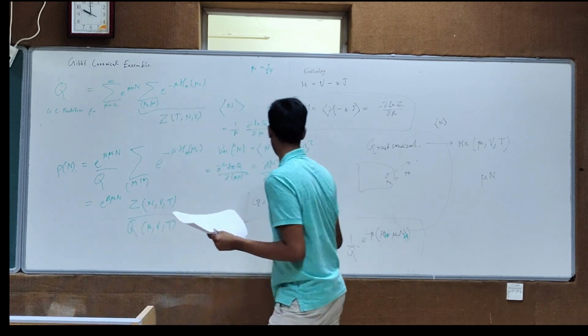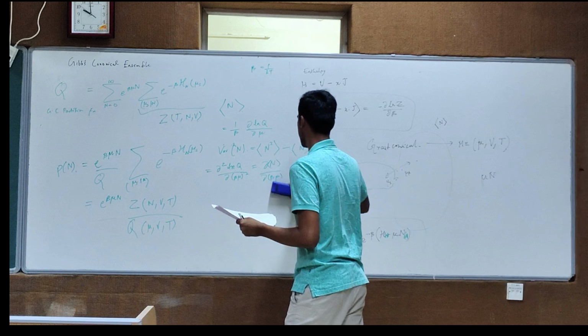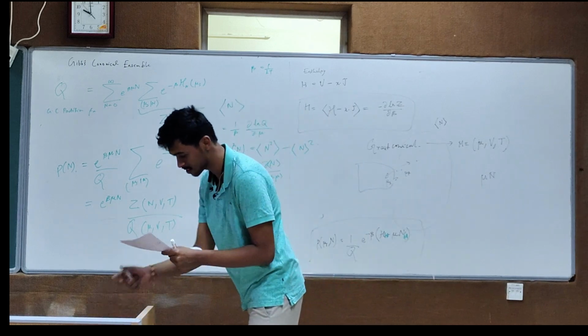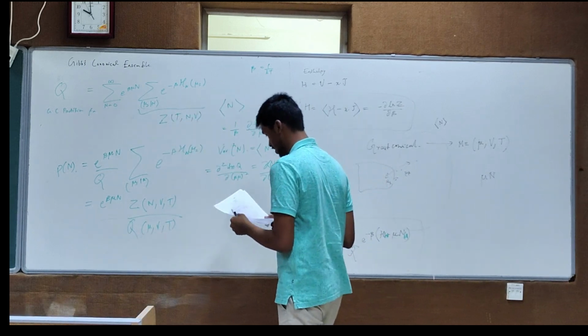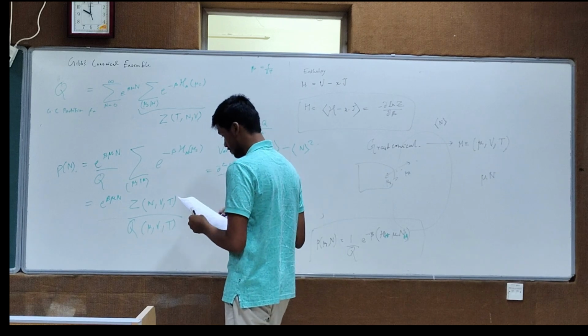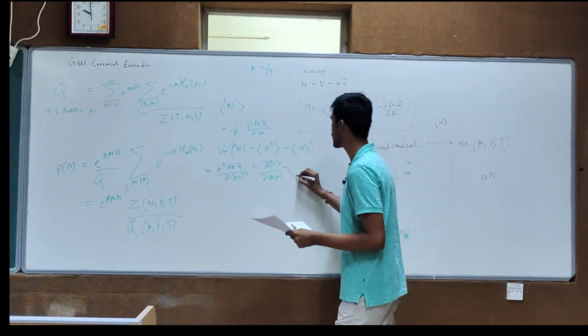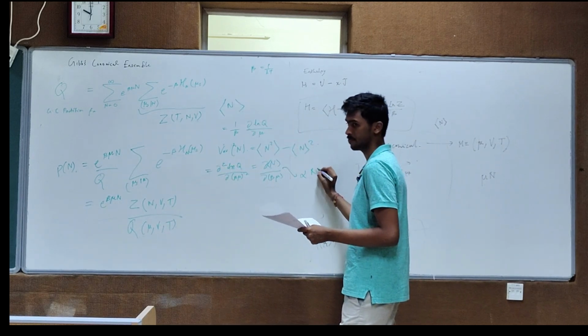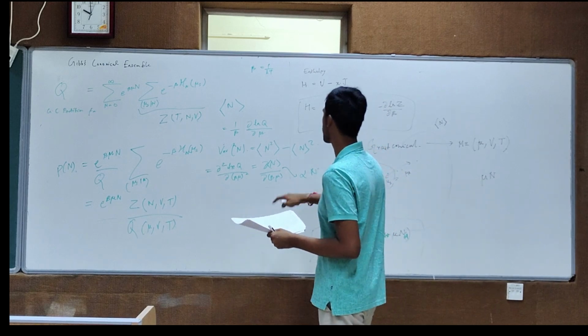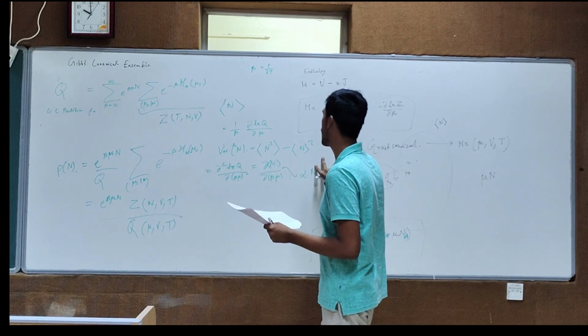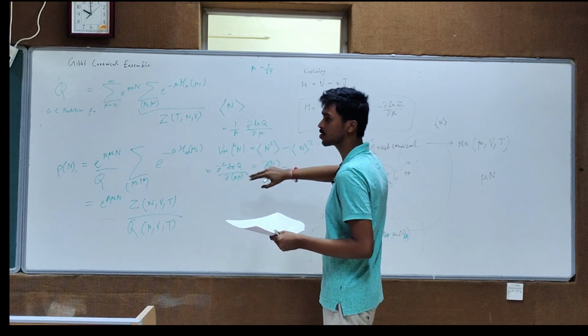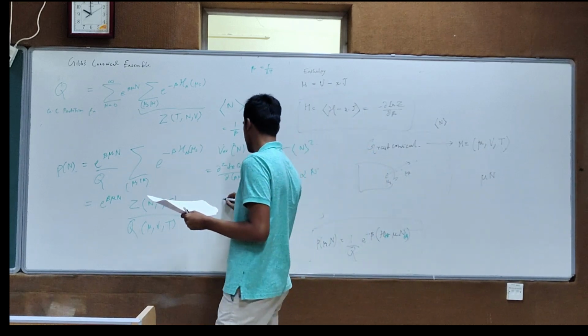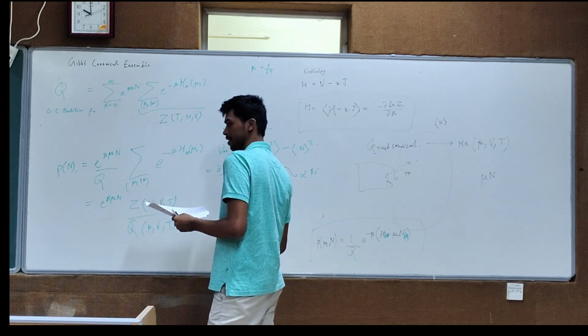You can find this. I urge you to derive these things based on the previous derivations. And you can see that this clearly is proportional to n. So your variance scales as n, so your standard deviation scales as root n.